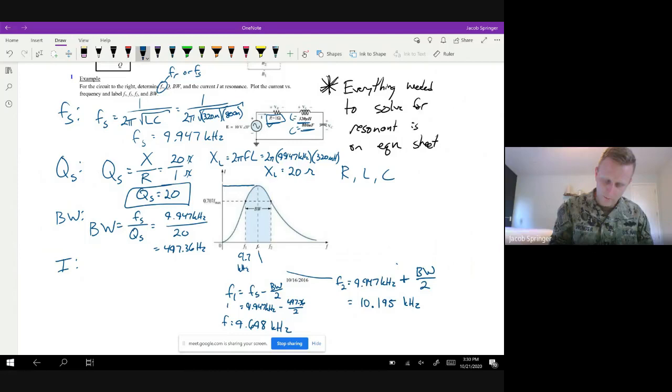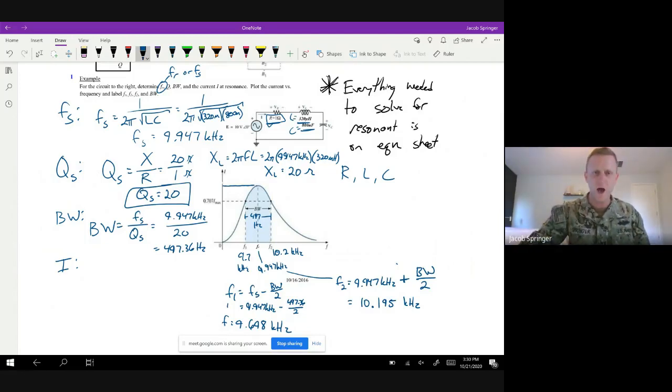Right there, the resonant is 9.947 kilohertz, and the F2 is 10.2 kilohertz. That's with rounding. So now we've labeled the bottom of the graph, and we have this bandwidth here that we can see of 497 going from here to here. And it's saying that if I choose any of these frequencies within this range, I'm going to get over 70% of the current. Well, 70% of what current?